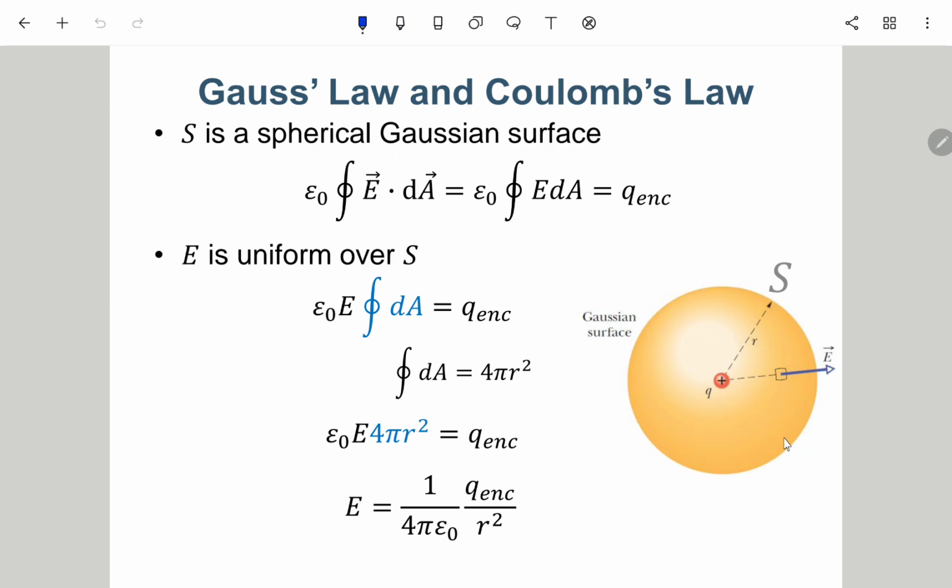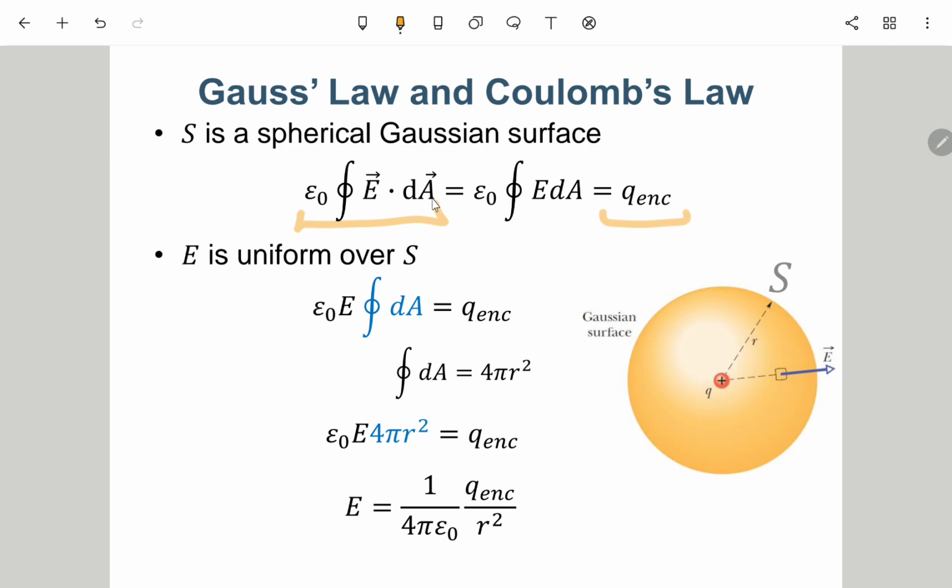就是一个球体，然后它的圆心在这个电荷的地方。Okay, so in that case, here we have the Gauss law, this part equals this part. So here we try to simplify this closed surface integral.